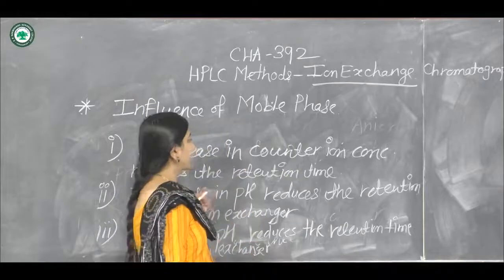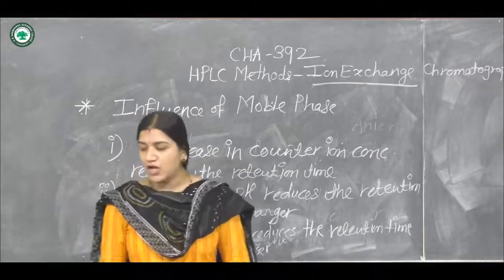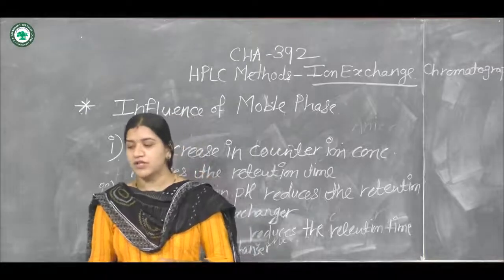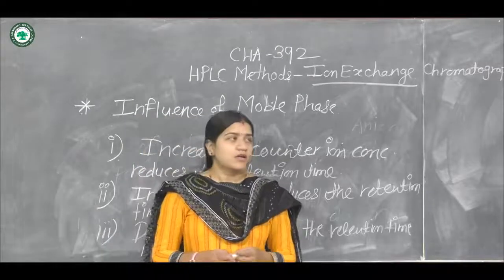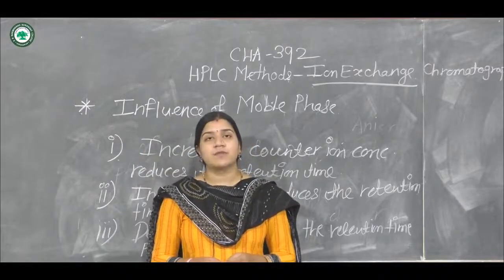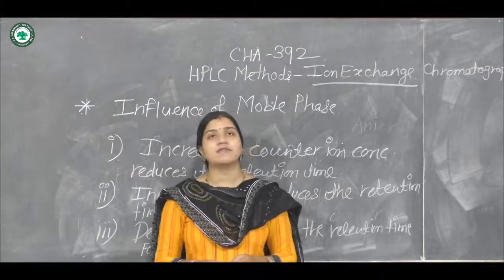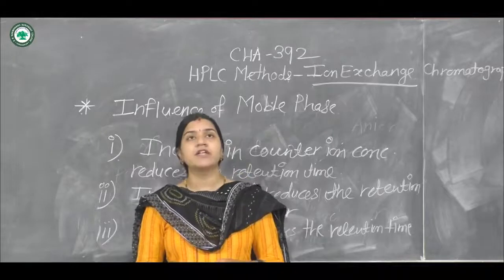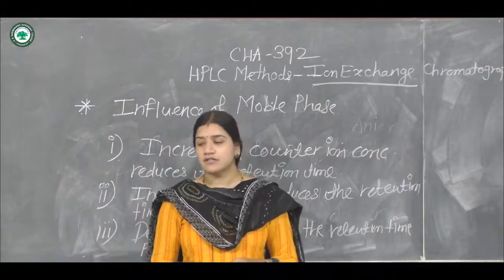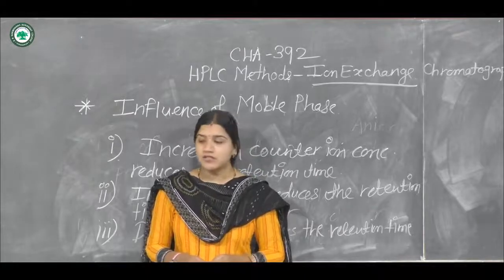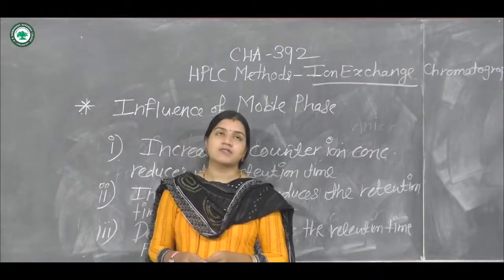Now, along with all these, some other factors influence the ion exchange chromatography mechanism, as follows. Whenever you are dealing with ion exchange chromatography, the ion exchangers prefer an ion with a higher charge than an ion with a smaller diameter.